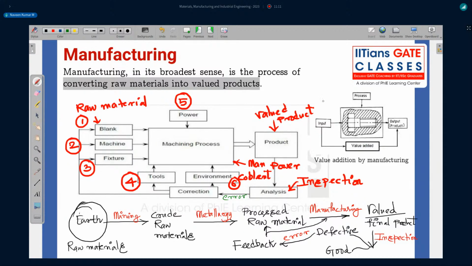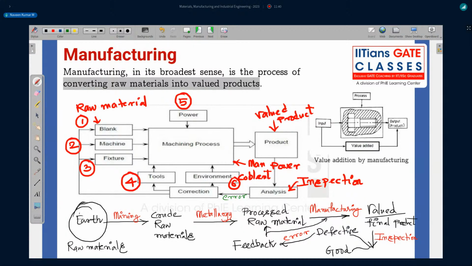Okay, now if you see here, we have some product, and I guess you can see from here itself, that is your bolt. So what is the input? Input is some kind of raw material. You can say it is some kind of cylindrical billet, right? And that will go through some stages of processes, and that is your process here.